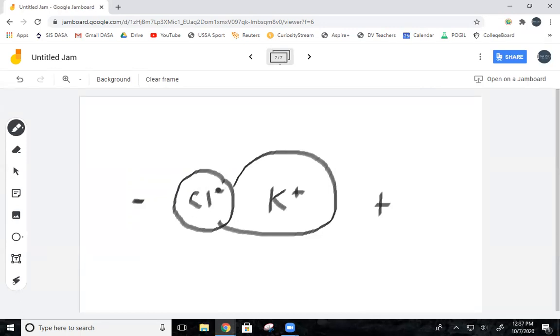The chlorine has stolen the electron, right? So they've become ionized. And so the higher the electronegativity difference between the two, the more that these become ionized and the stronger the bond is between them. Does that make sense for everyone?